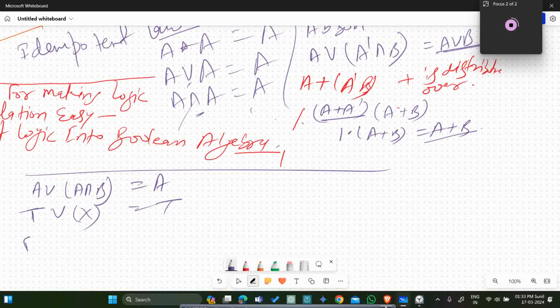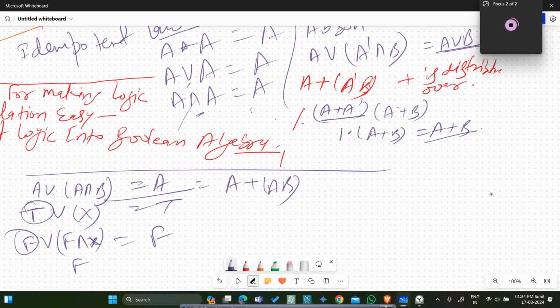But if A is false, then this part cannot decide, this will decide. If A is false, then A and anything is always false. So the decisive entity here is A only. We can say A plus AB is A. Alright, so this is how it works.